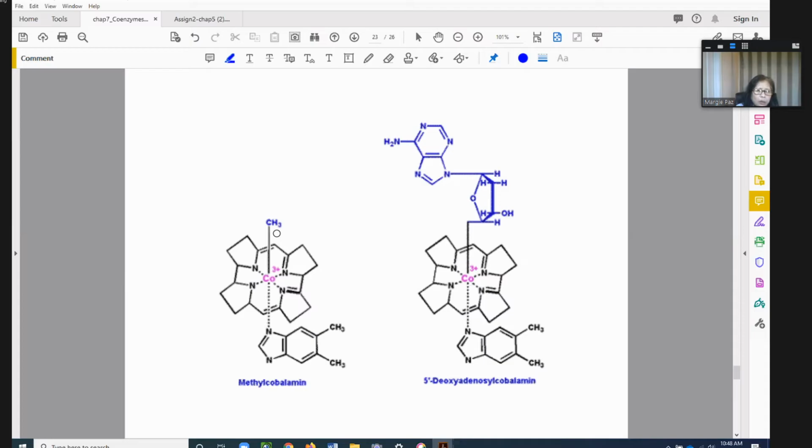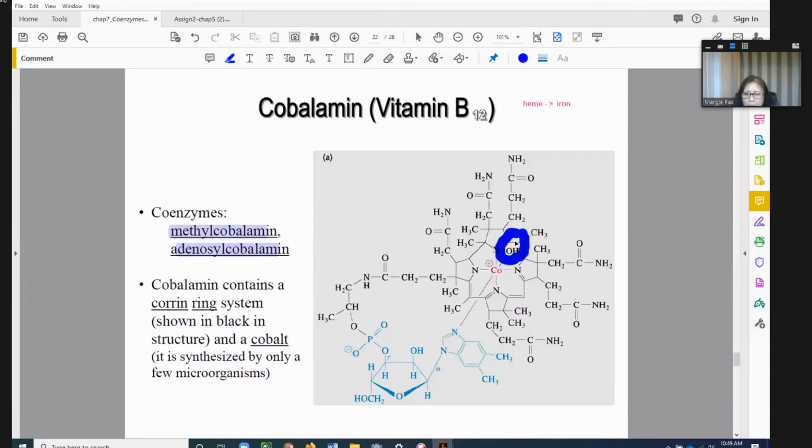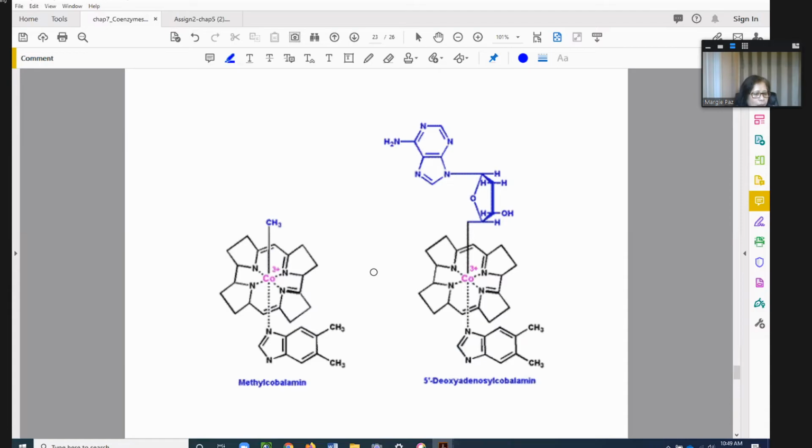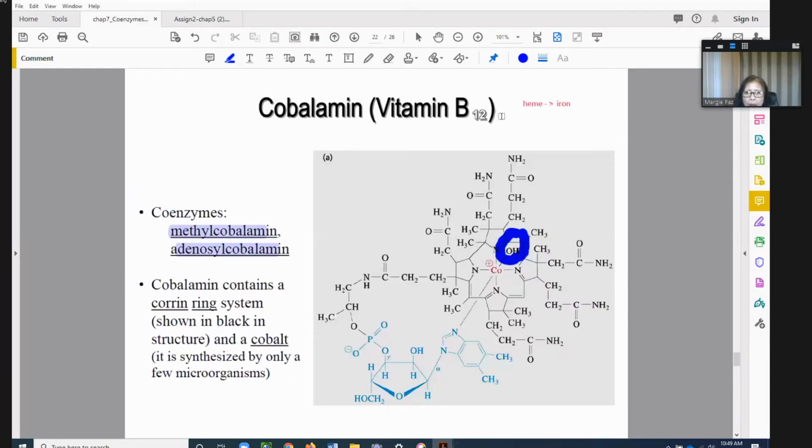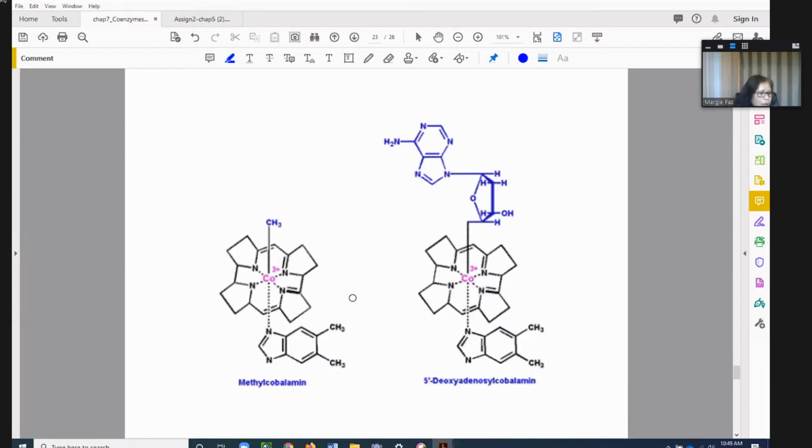Now, how about if instead of that hydroxyl group there is an adenosyl group bound to cobalt. In this case, the coenzyme is adenosylcobalamin, right? So this cobalamin vitamin B12 structure is shown here. The coenzymes derived from this vitamin B12 are methylcobalamin and adenosylcobalamin, and these are the structures for those coenzymes.